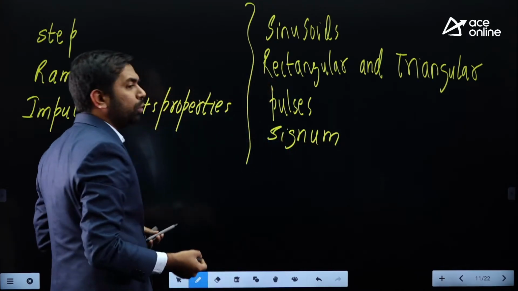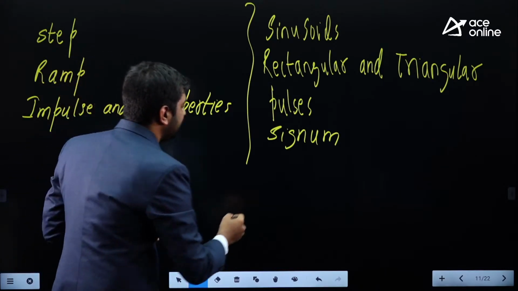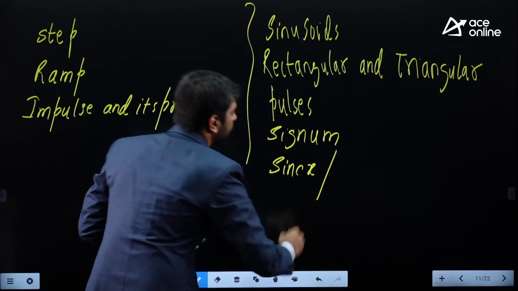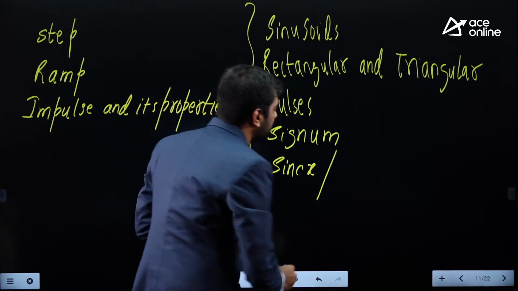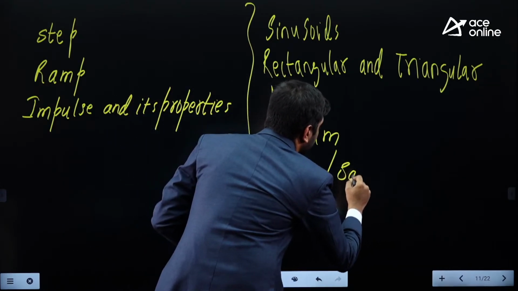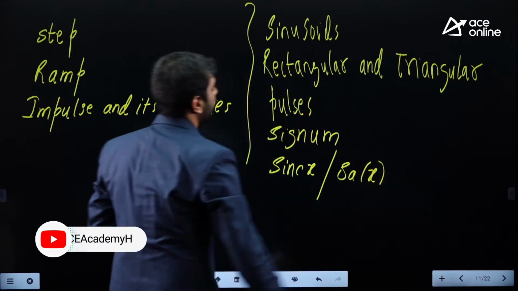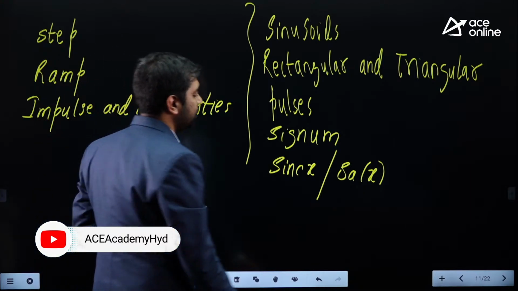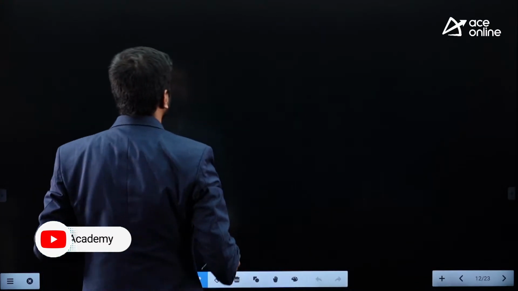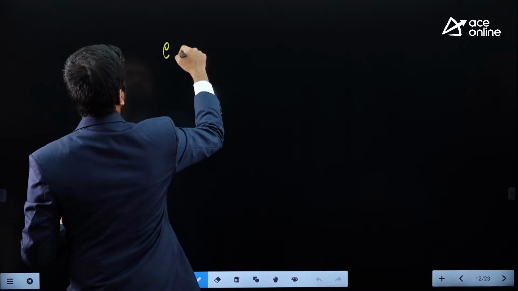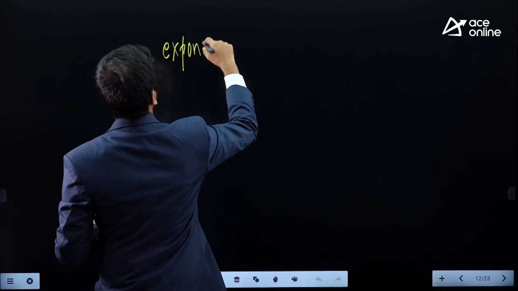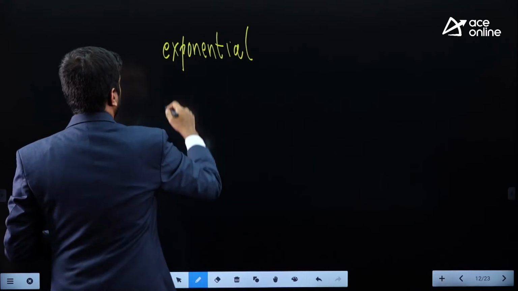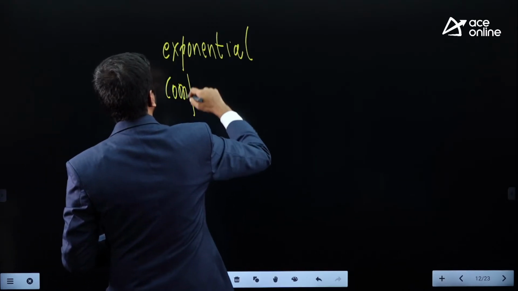We have a few more, like sinc x. Most of the students get confused between this sinc x and the other one which is similar to this, which is sa x, the sampling function. So you must learn about these things. Apart from this, you should also focus on exponential signals, like exponentially increasing, exponentially decreasing, and then complex exponentials.